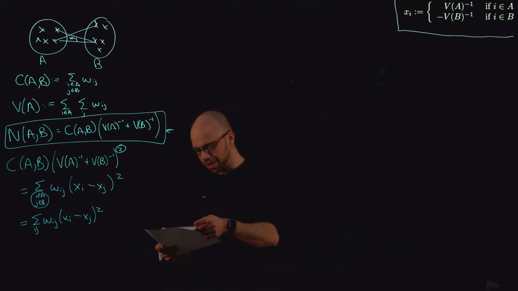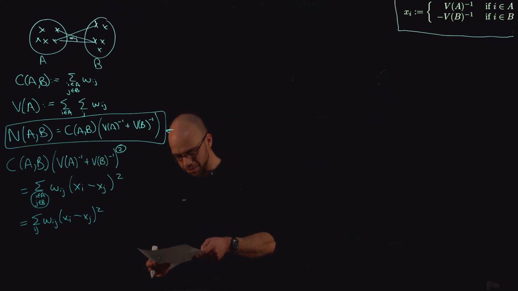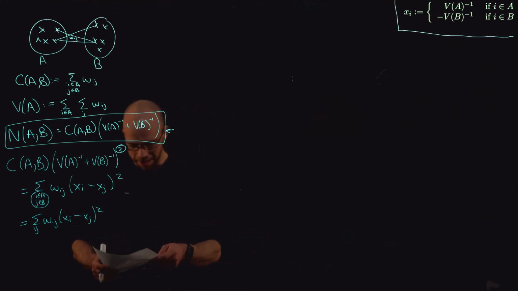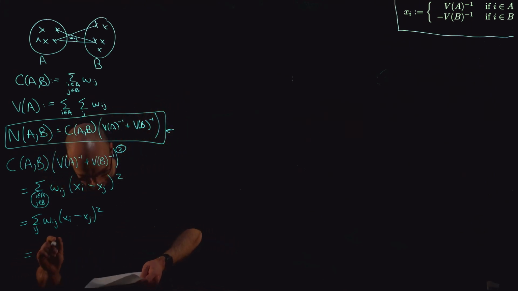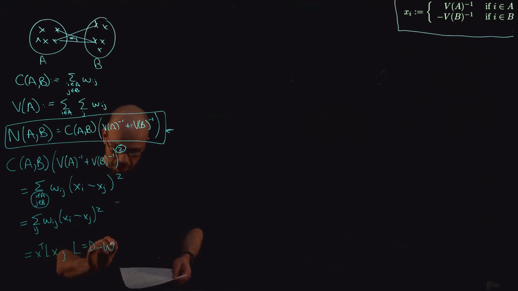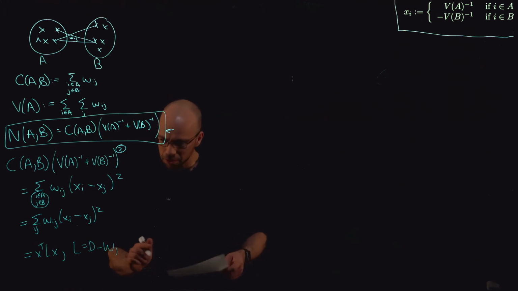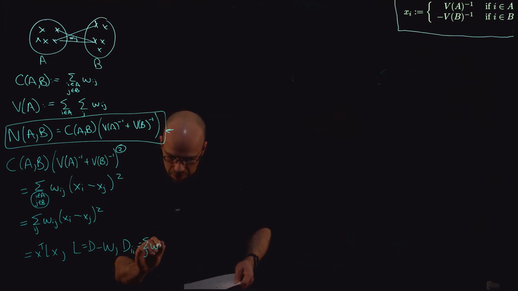Okay, so now what is this expression? Well, this is just a quadratic form. It's symmetric in x. And so I can actually just write this as, hopefully you remember, a weighted graph Laplacian. So this is really x transpose Lx, where L is equal to D minus W, and D is a diagonal matrix where dii is equal to the sum over j of Wij.